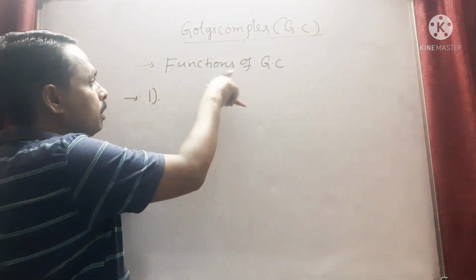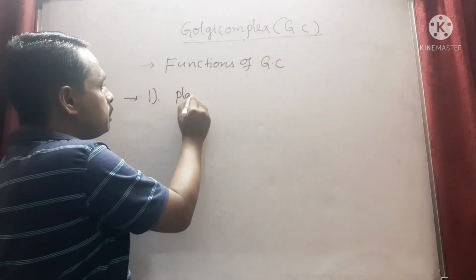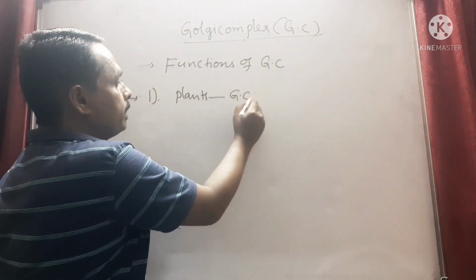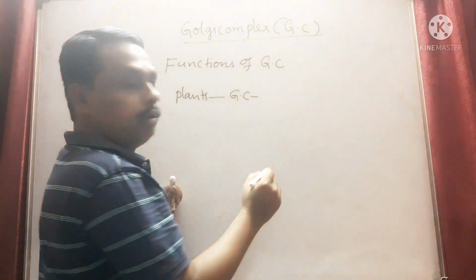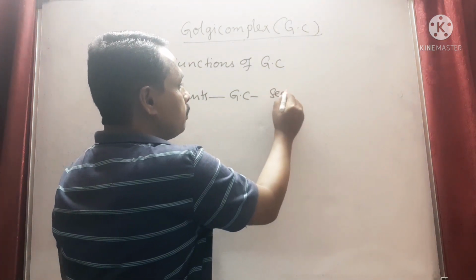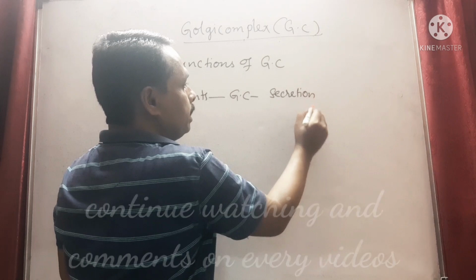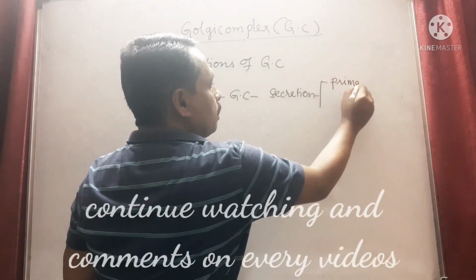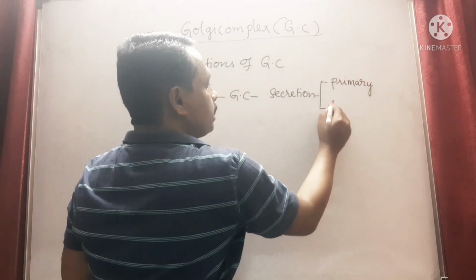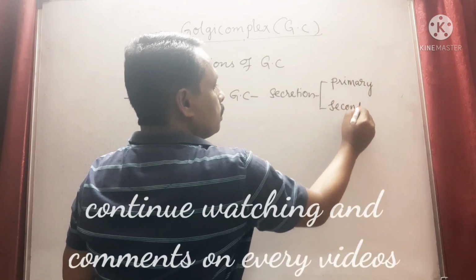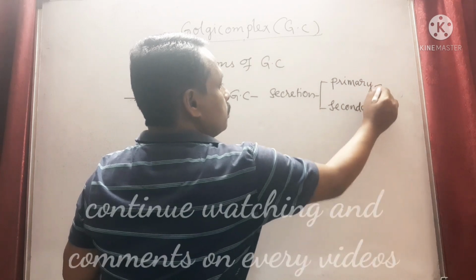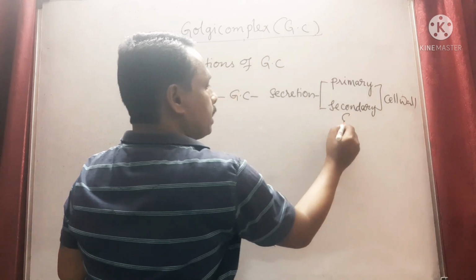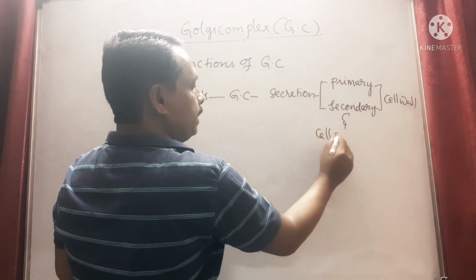Golgi complex in plants will be involved in the secretion of primary and secondary cell wall, and also secretes cell plates.